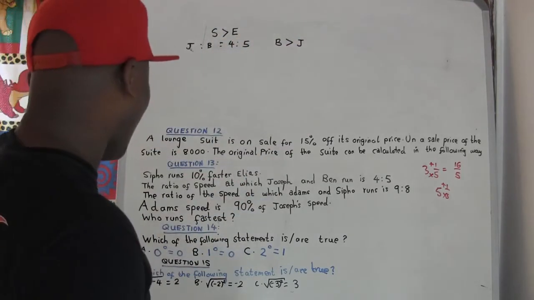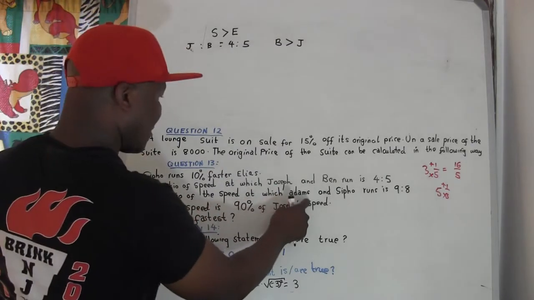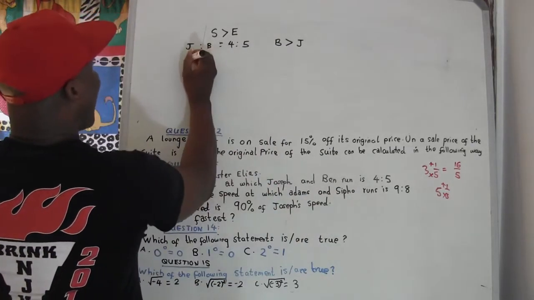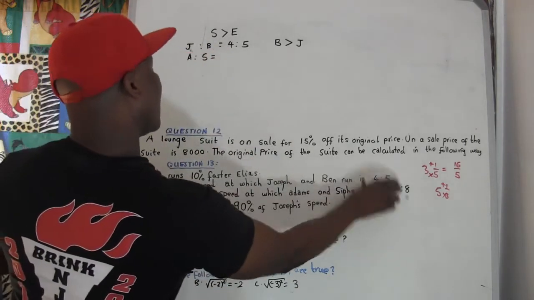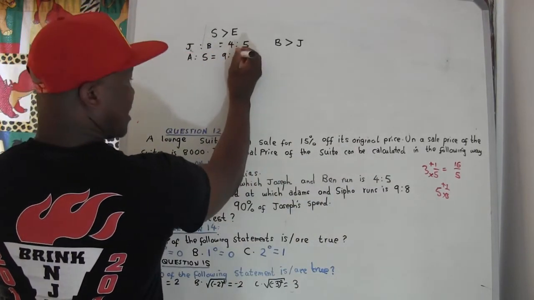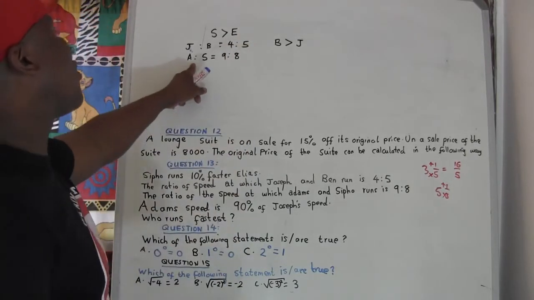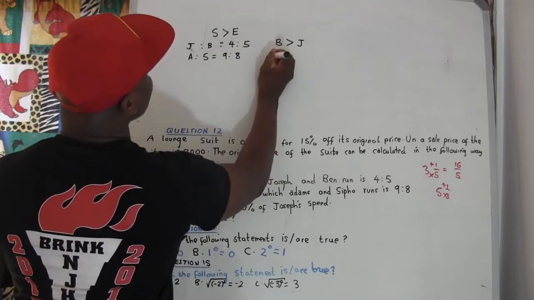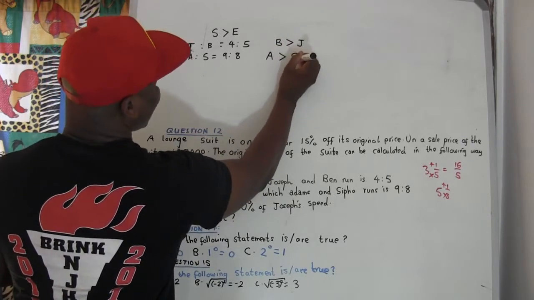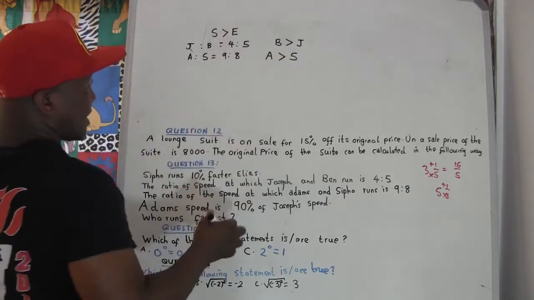So for so long we'll find the ratio of the speed at which Adam and SIPO run. Oh, so now Adam, the ratio to SIPO is 9 and 10, 9 and 8. So we know Adam has more speed than SIPO. So we can try to compare the three.